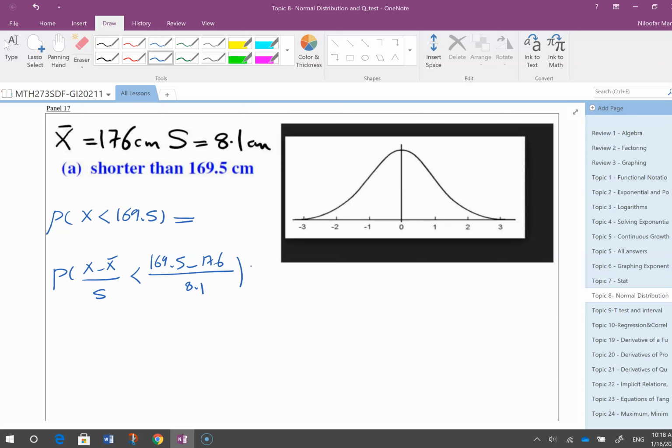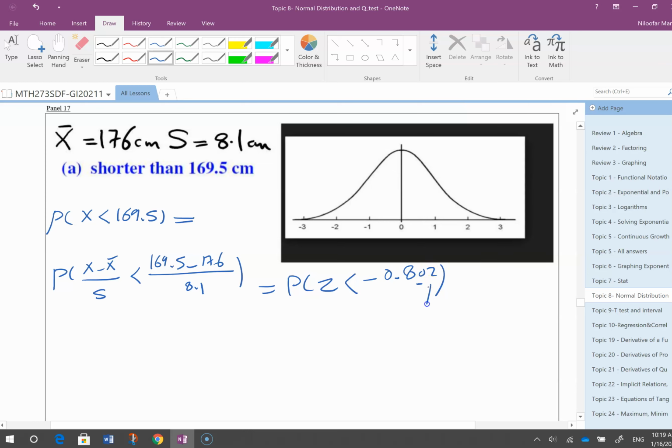I have to go to Z. This means probability Z less than minus 0.802.